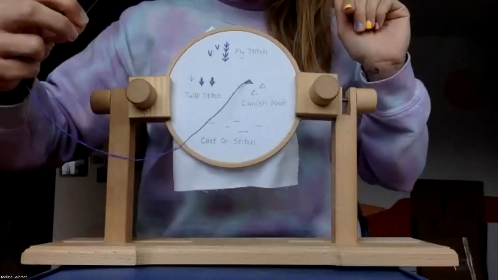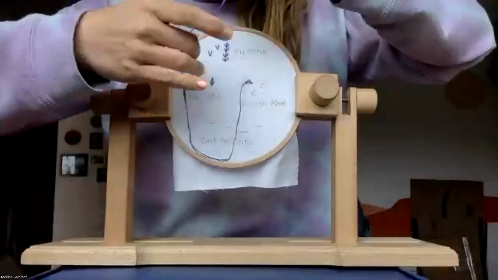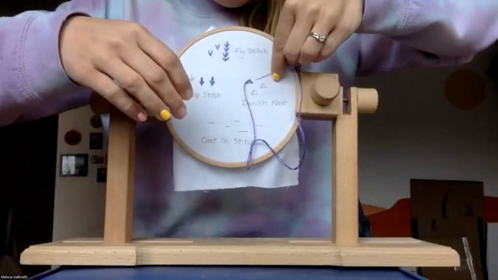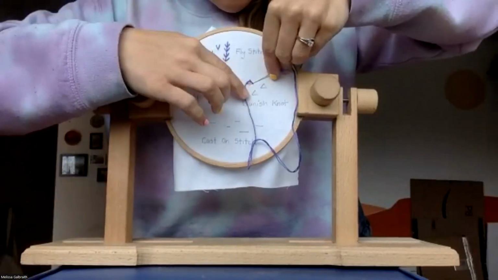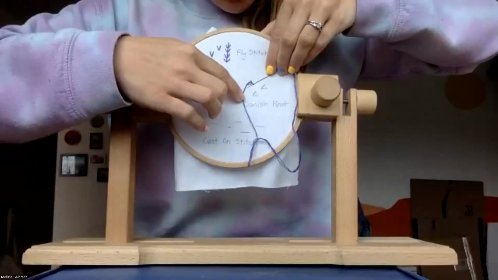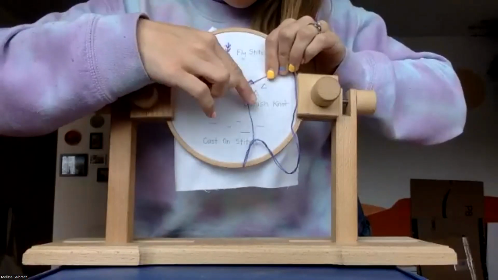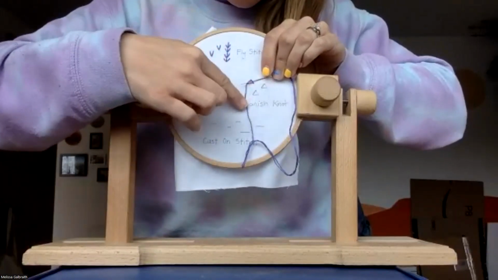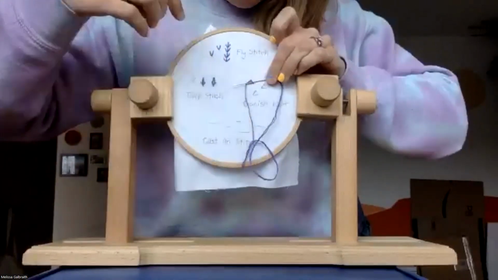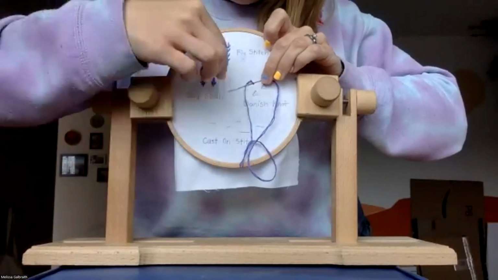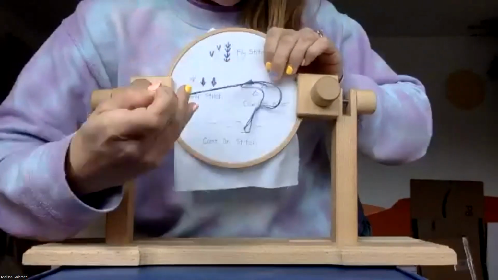And we're going to do this again. So next we're going to bring our needle underneath that straight stitch, and then we want to go under, have our needle below our thread that's coming out of the fabric, and above, then go over the thread there. And then again, gently tug.